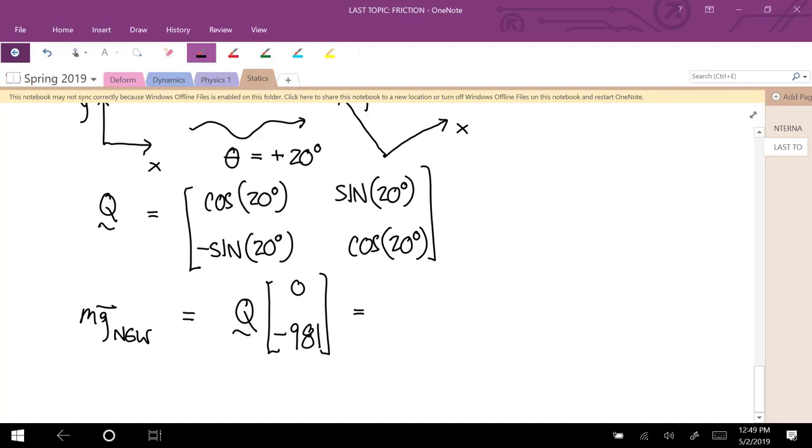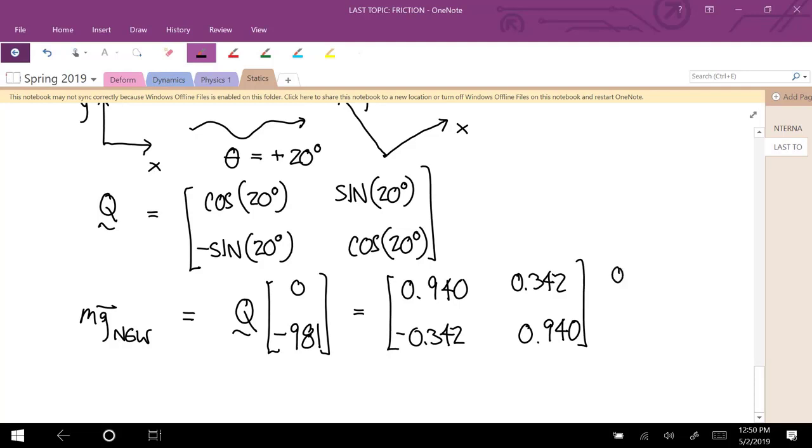And so we're going to multiply, this matrix is 0.940, 0.342, negative 0.342, 0.940, and we're going to multiply it by 0, negative 981.